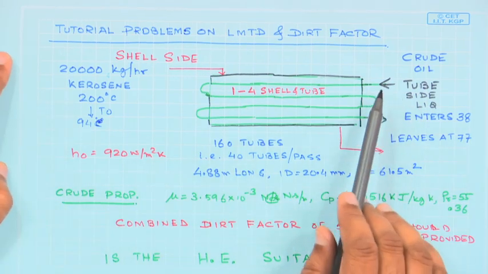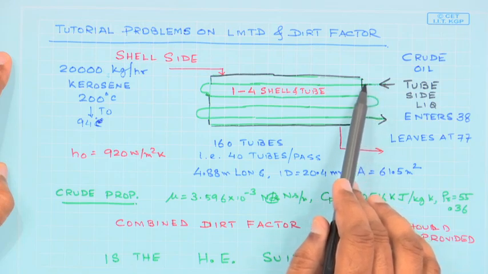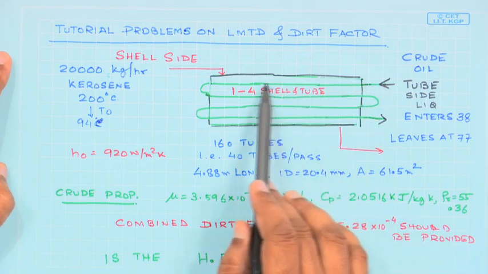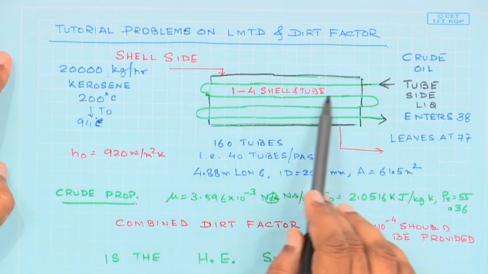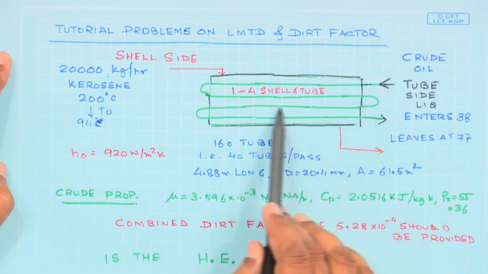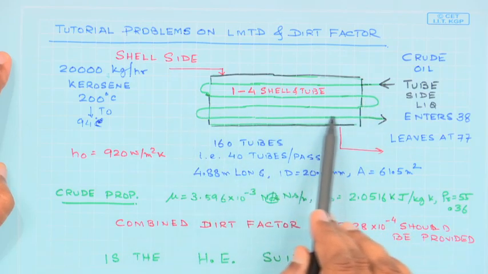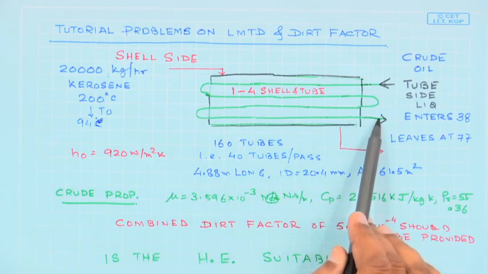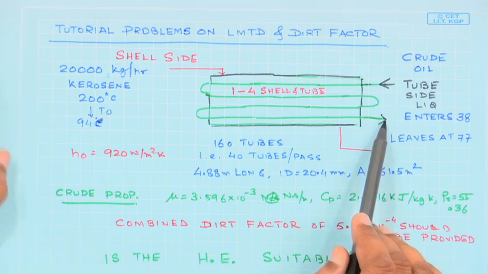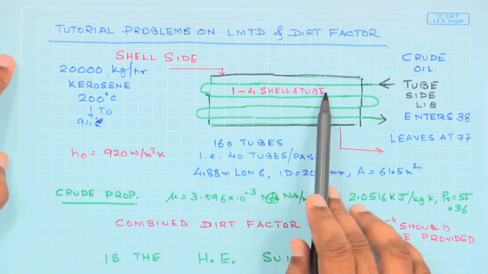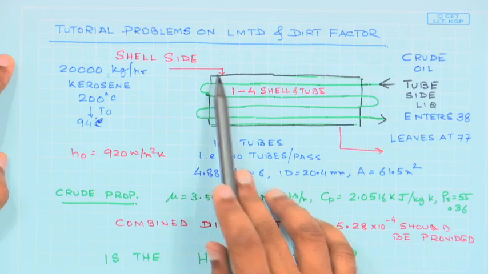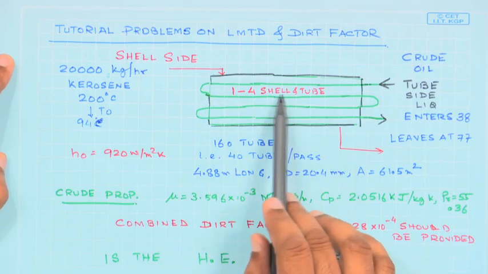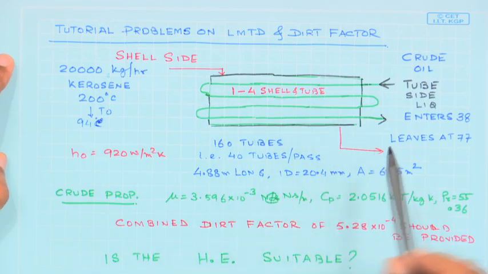It is a 1-4 heat exchanger. So, the tube side fluid enters, completes the second pass, this is the third pass, and then comes out after it crosses the shell 4 times. That is why it is the 1-4 shell and tube heat exchanger, that means 1 shell pass and 4 tube passes.